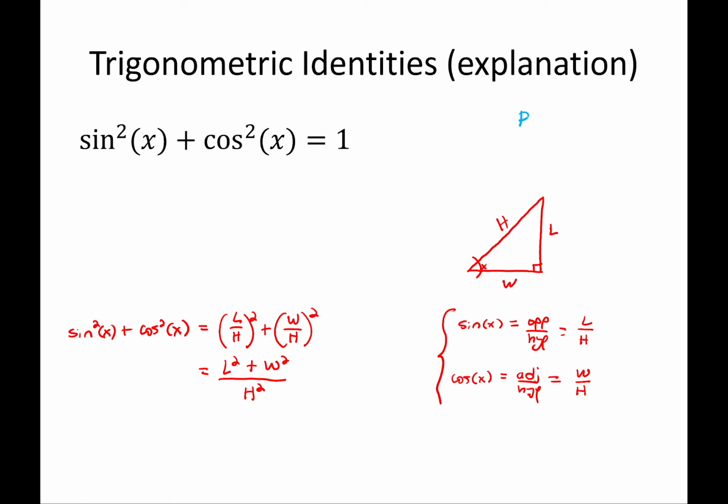Pythagorean theorem says that H squared is equal to L squared plus W squared.